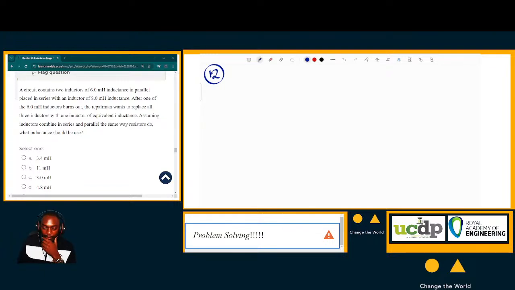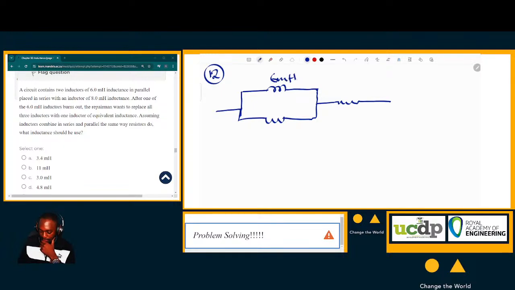So we are told that we have two coils of the same magnitude connected in parallel, 6 millihenry and 6 millihenry, and the other one is 8 millihenry. And the last statement says, assuming inductors combine in series and parallel the same way resistors do.